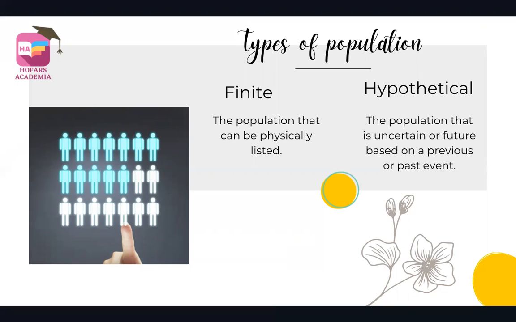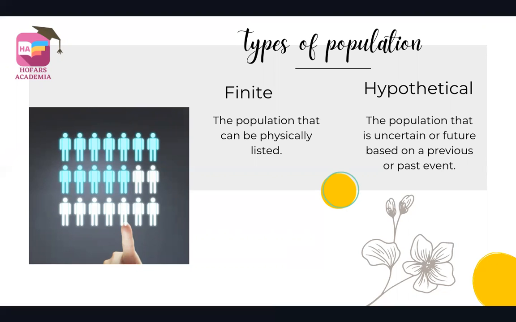But hypothetical population is that population which is uncertain or future based on a previous or present event, such as if the sales report is to be predicted for the future, the data could be collected from the past record.